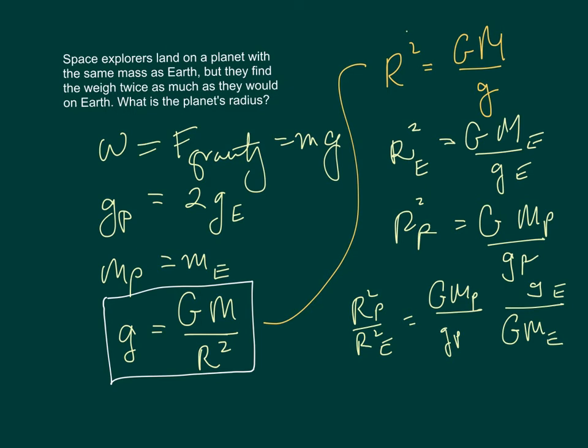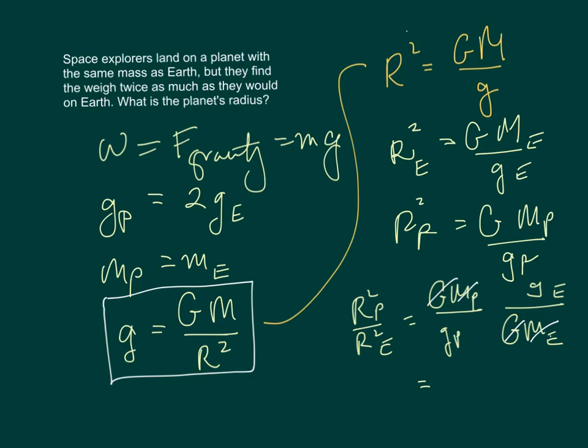And now we can see that things are going to cancel. We notice how the mass of the planet and the mass of the Earth are equal. G and G are equal, so we're going to be able to cancel those out. And we're going to be able to substitute in that the g value for the planet is actually twice that of g E. So when we substitute that in, we get the following expression.